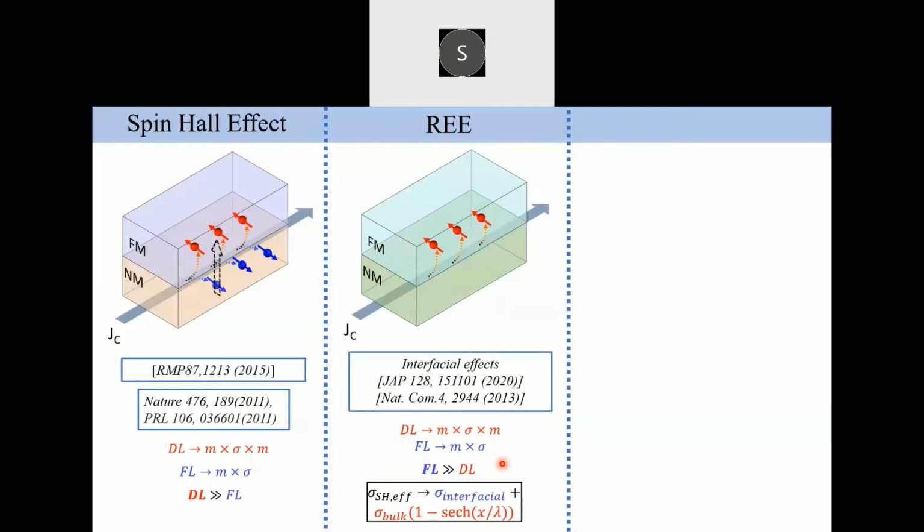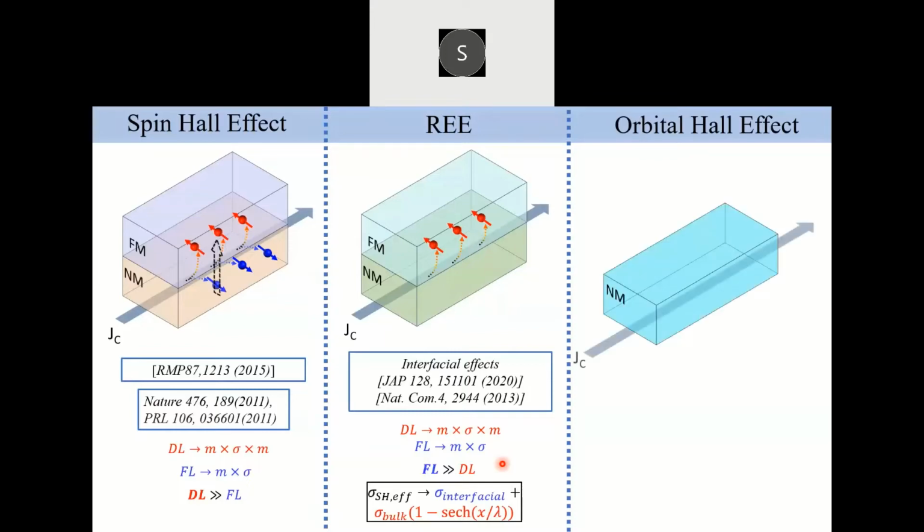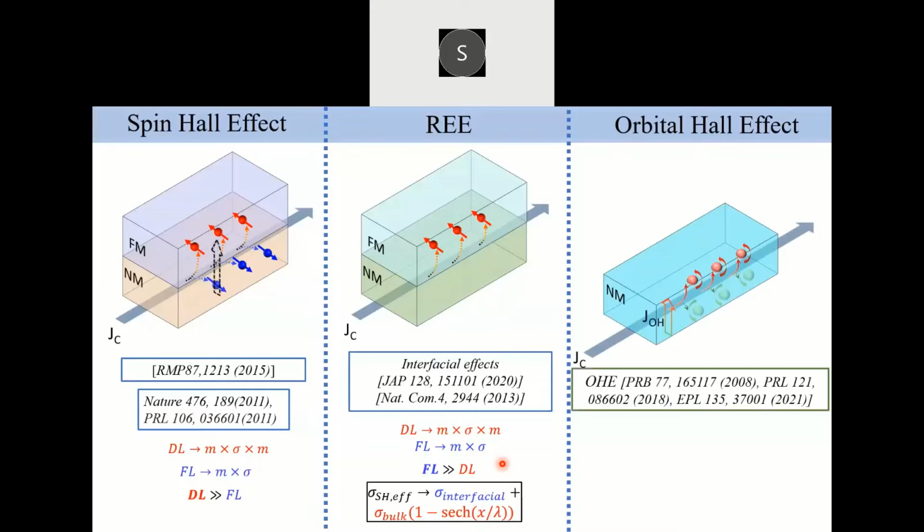Next, another possible way to generate spin current is the orbital Hall effect. In this case, if we pass charge current in a non-magnet, then orbitals with opposite angular momentum are separated out and an orbital current is created. Now, this orbital current cannot directly interact with the magnet.